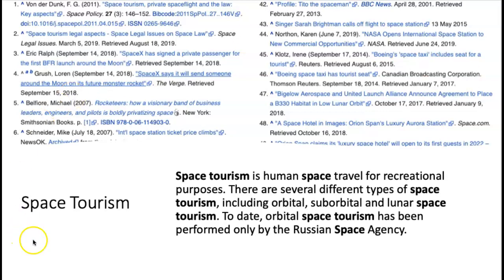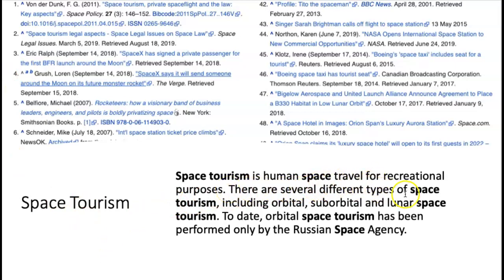So if I want to improve my knowledge of space tourism, and I want to read some genuinely good, authoritative accounts, looking at Wikipedia can be an excellent place to start, but I must emphasize to start. So here we have space tourism. It's human space travel for recreational purposes.